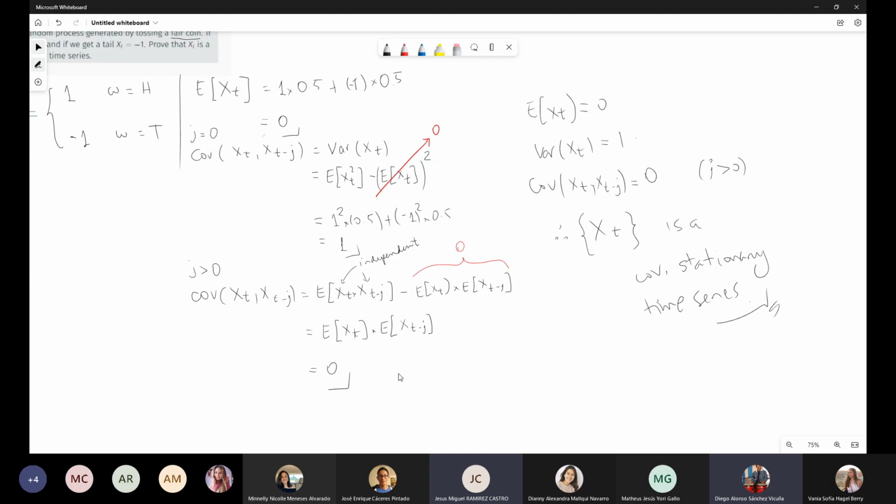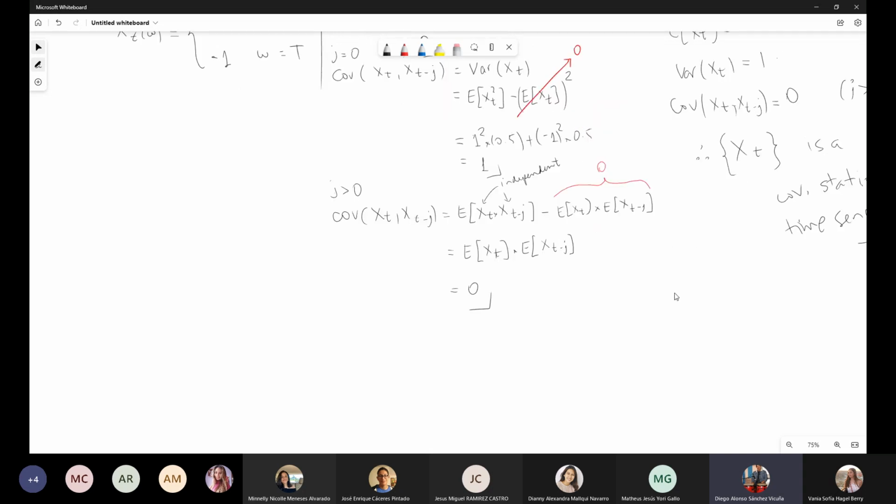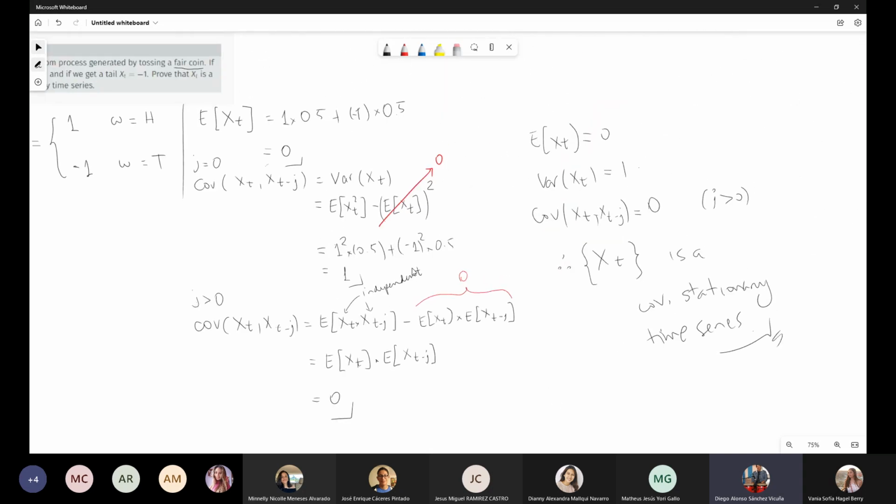Sí, profe, tengo una pregunta. O sea, hemos visto, por ejemplo, tenemos a la izquierda que dice xt igual 1 menos 1. Y cuando hemos hecho la covarianza, hemos hecho covarianza de xt con xt menos j. Pero en este caso igual el xt menos j tiene los mismos valores de 1 y menos 1, ¿no?